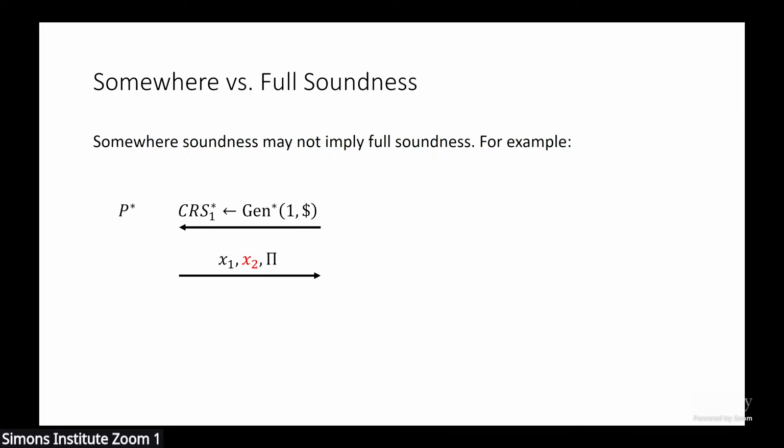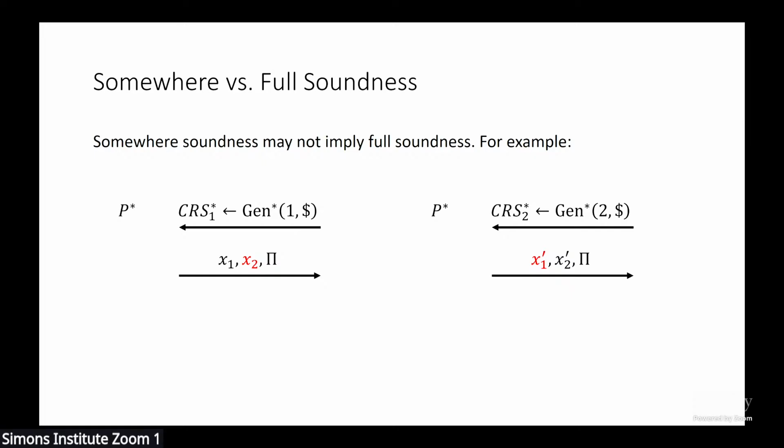The first statement x1 is true, and the second statement x2 is false, with an accepting proof. Now the same adversary, if you give it a CRS programmed on index 2, gives you the first statement false and the second statement true, and an accepting proof. Clearly, we don't have soundness here. No matter what we put in the CRS, there's always a false statement.